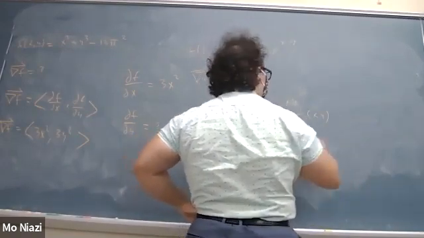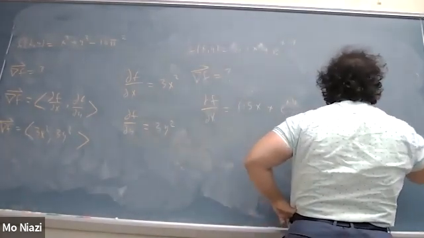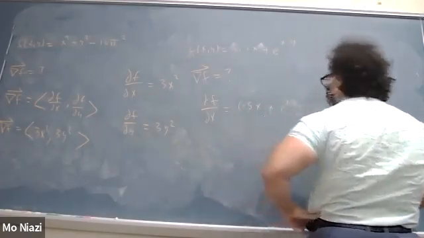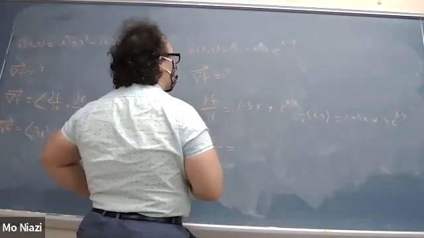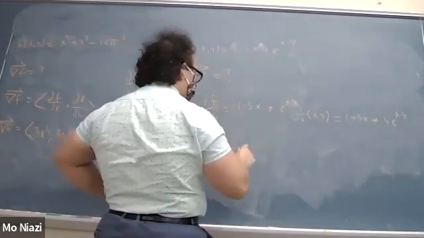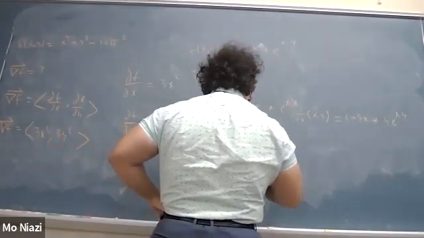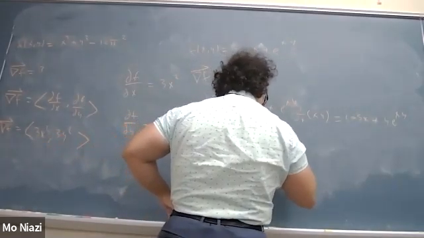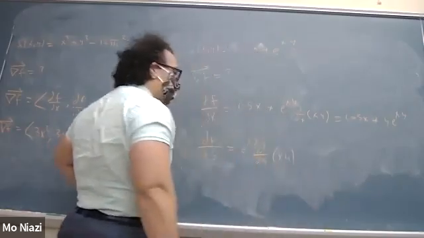So then this becomes... the derivative of that is 0, so it's just the derivative of e to the x y, partial y. So I just get e to the x y.